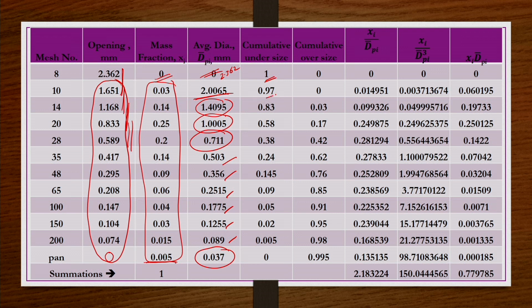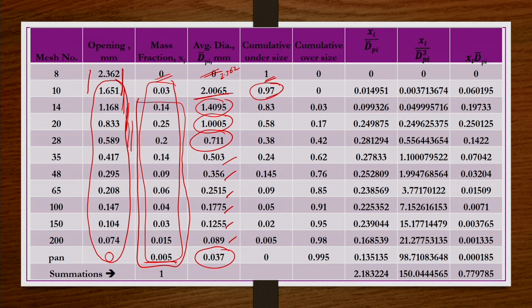Next, what is the fraction of material whose size is smaller than 1.651? Except 1.651 itself and 2.362, all other openings are smaller than 1.651. If you add the corresponding fractions together, you get the value to be entered here, that is 0.97.